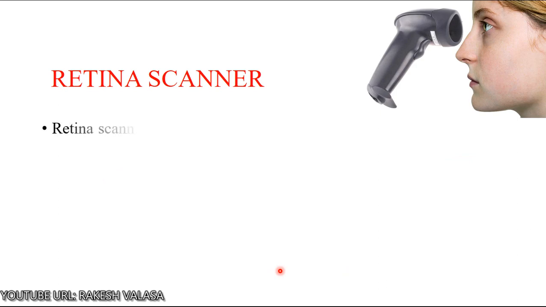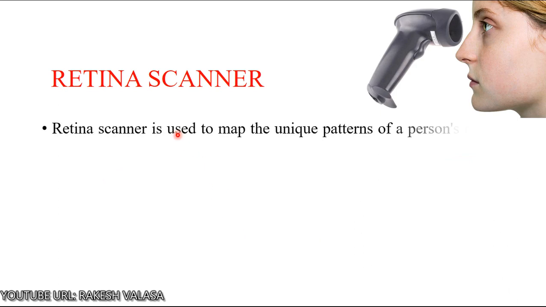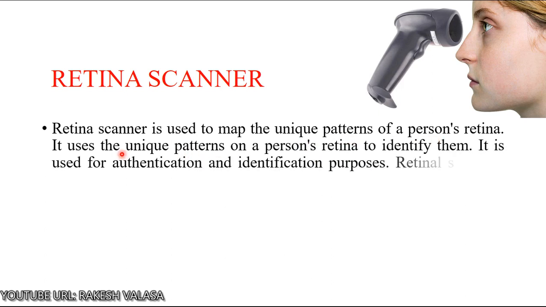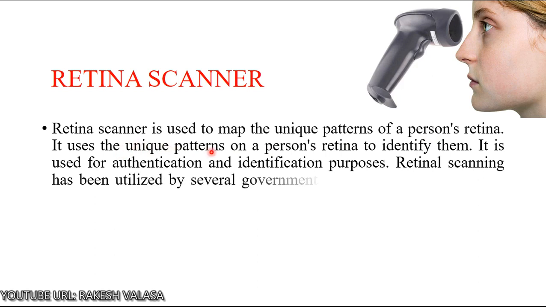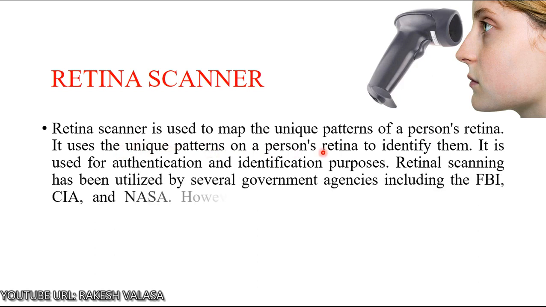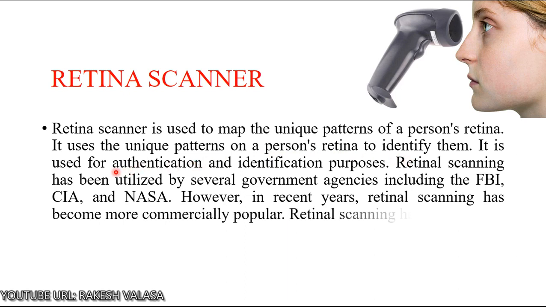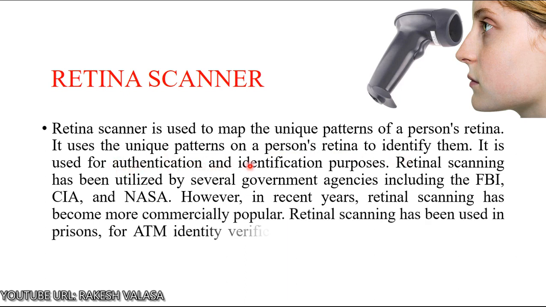Retina scanner. Retina scanner is used to map the unique patterns of a person's retina. It uses the unique patterns on a person's retina to identify them. It is used for authentication and identification purposes.